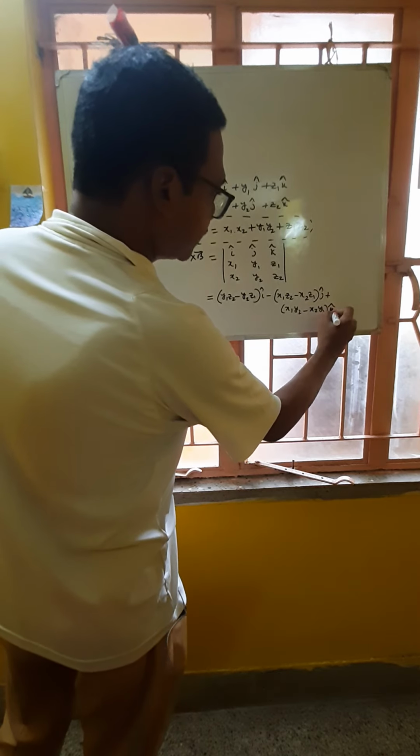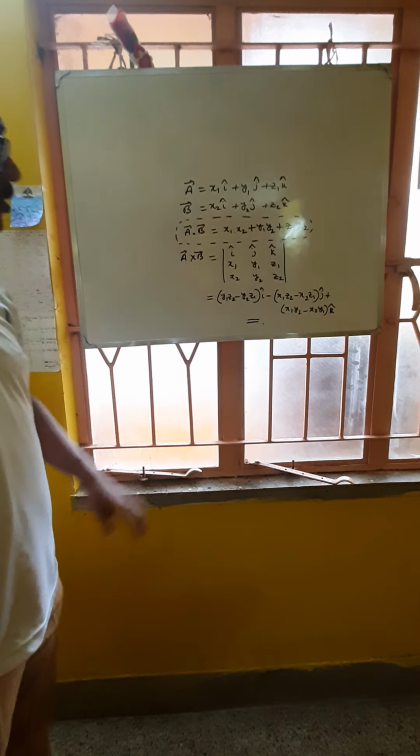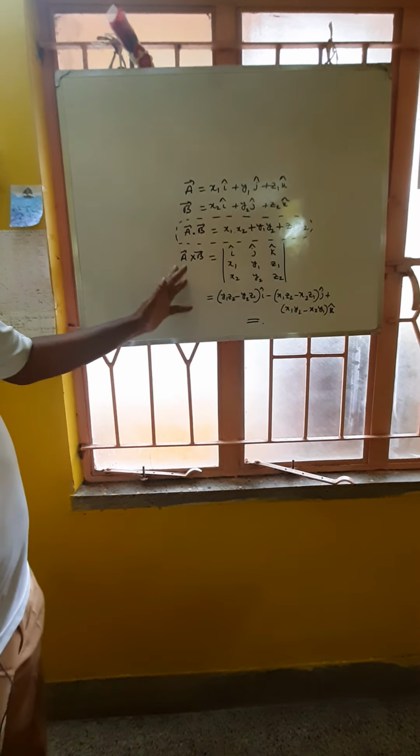This is the way to find the cross product of two vector quantities. It is very simple. You can just use determinants there to find a cross b.